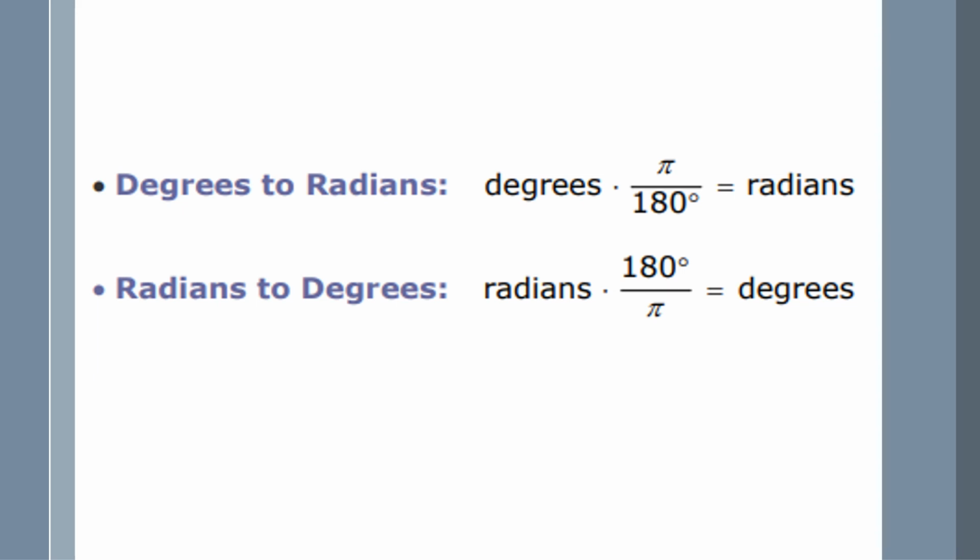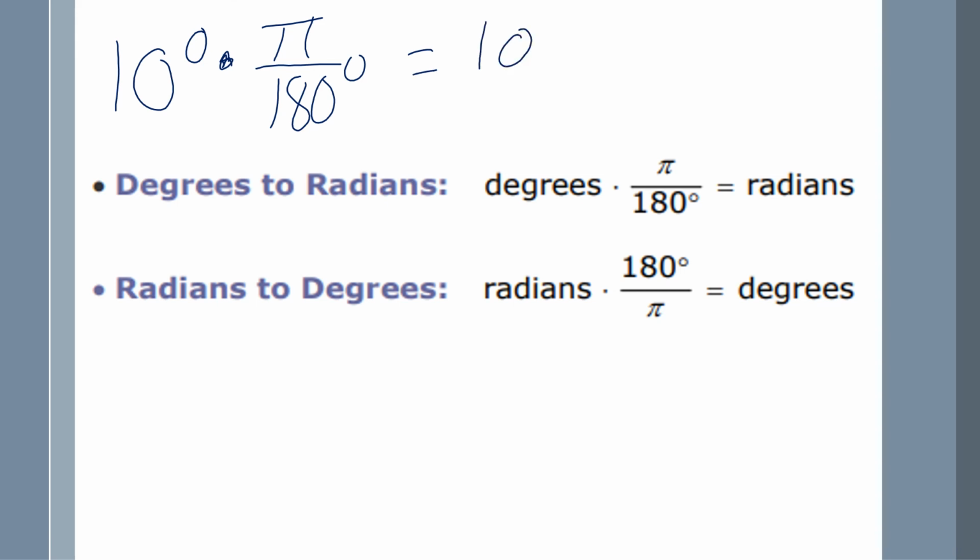Here's my pen. I was looking for that. So what if I was to have 10 degrees, and I'm trying to convert it to radians? So watch this. Pi over 180 degrees. So when you multiply this, it's going to be 10 pi over 180 degrees.